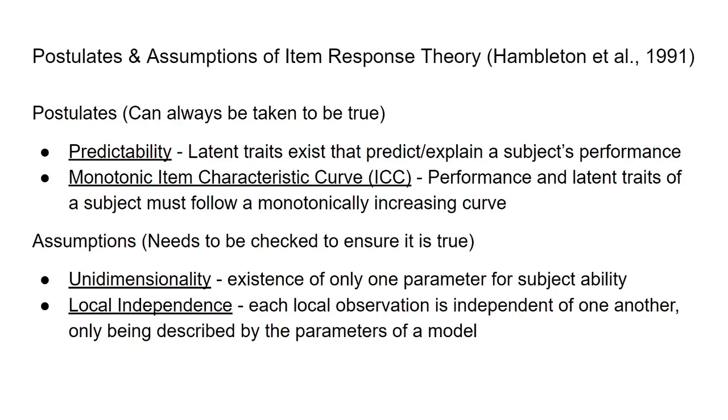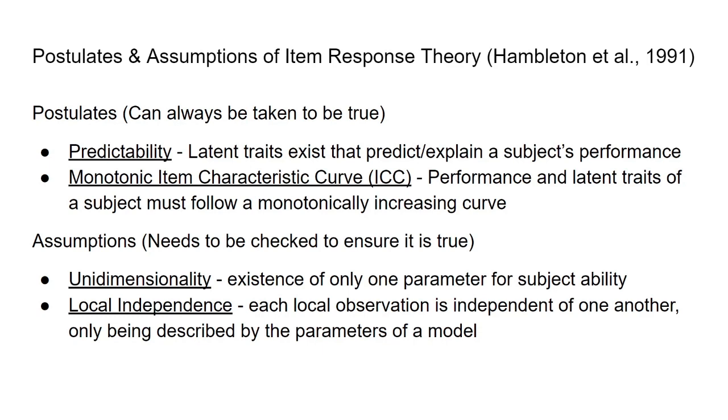The monotonic item characteristic curve defines that there must be some curve related to the performance of the subject such that it is always increasing. So if a subject's ability increases, their predicted performance should increase as well. This is exactly why we use the logistic function, because it describes exactly this. It is our item characteristic curve.